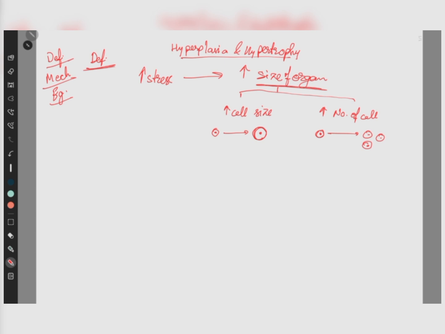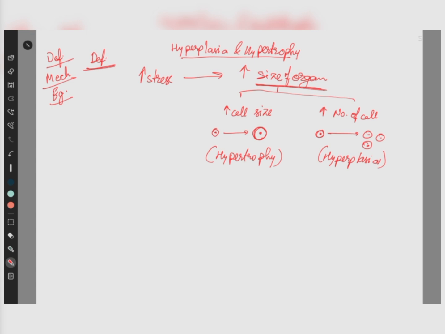Now when the organ size increases via increase in cell size, this is called hypertrophy. While organ size increases with the help of increase in number of cells, then this is called hyperplasia. So these are the basic definitions of hypertrophy and hyperplasia.